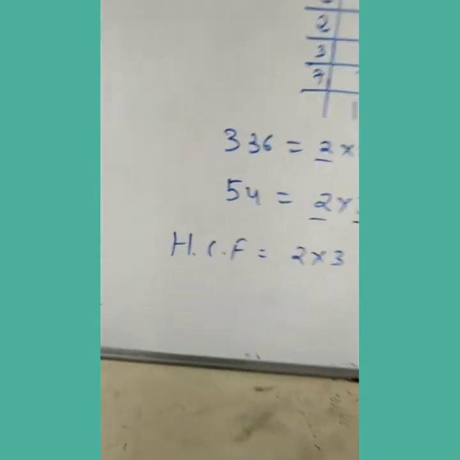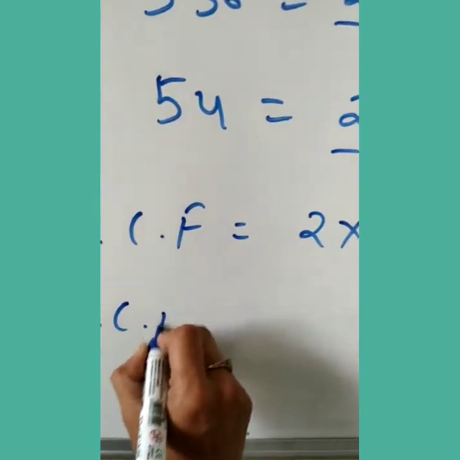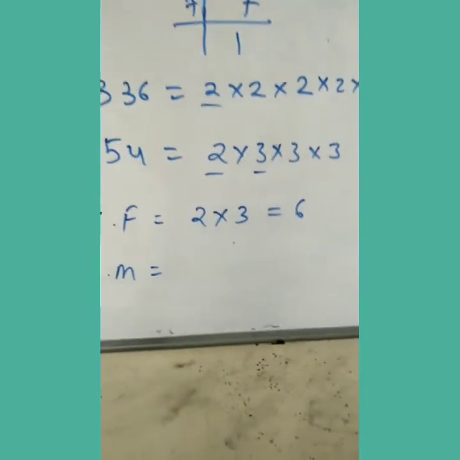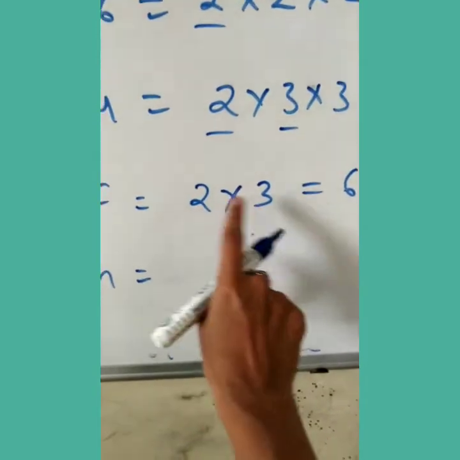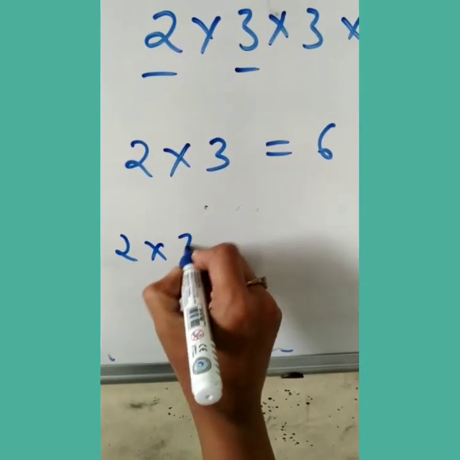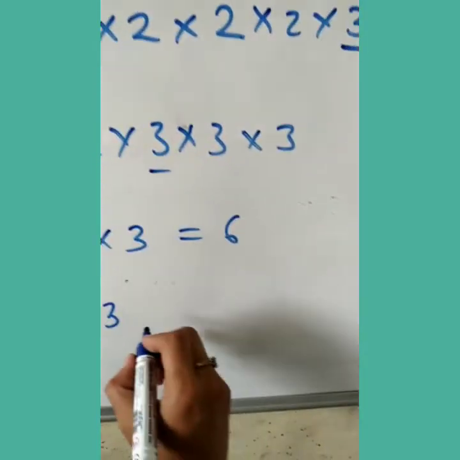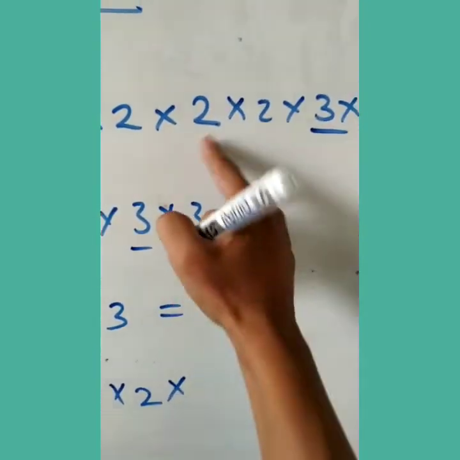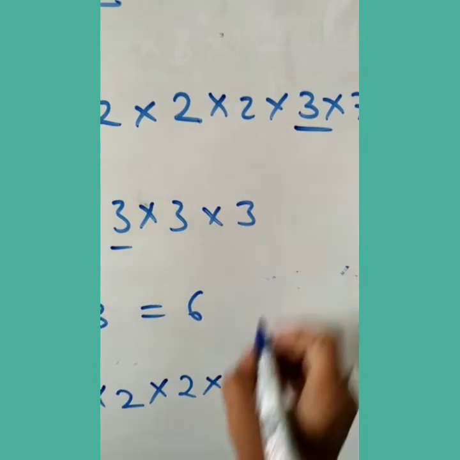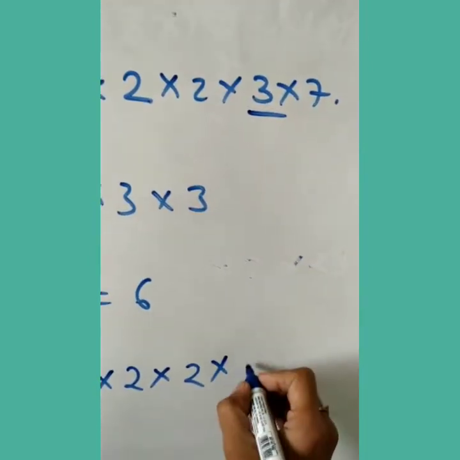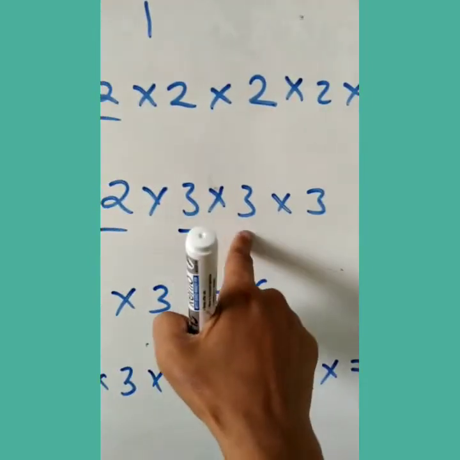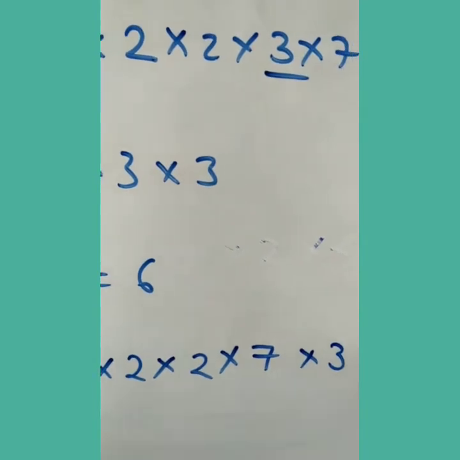Now we have to write LCM. So LCM includes this 2 and this 3. So first we will write that, as well as the remaining things, meaning this 2 2 2, that 7, and here that 3 and that 3.